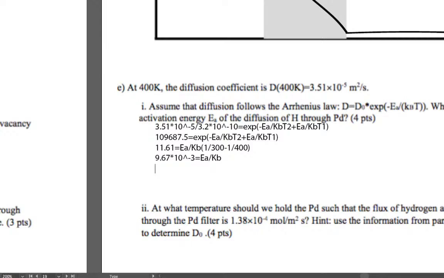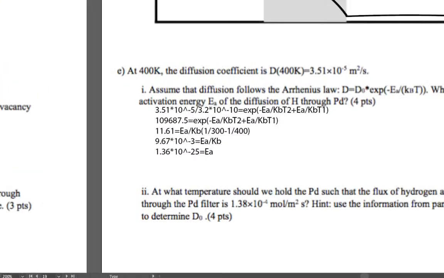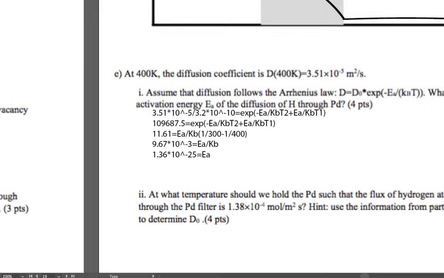That would equal this crazy number, 1.36 times 10 to the power of negative 25 equals EA, which is obviously something that I don't really like. But it is also something that's logically incorrect, because according to my brain, it should be this big of a number, but oh well.